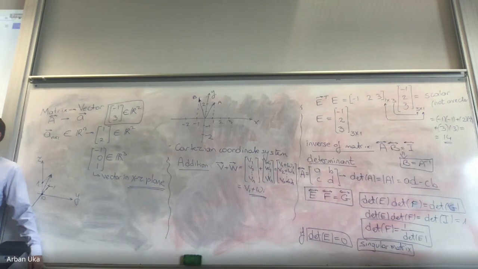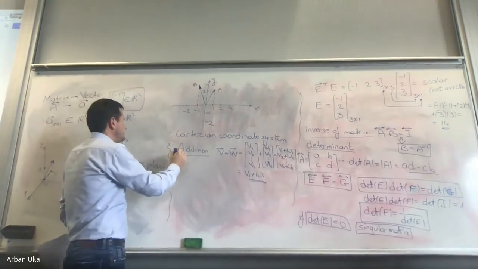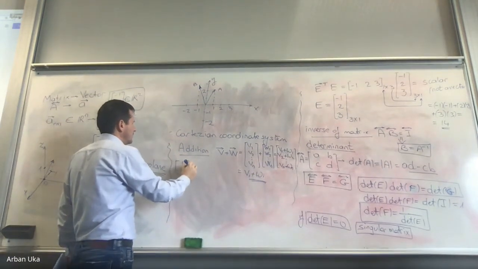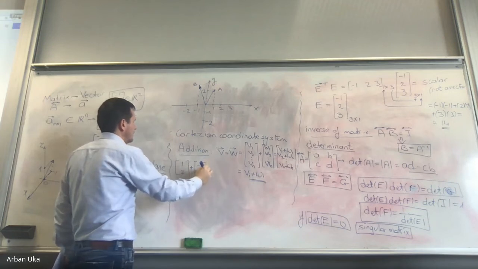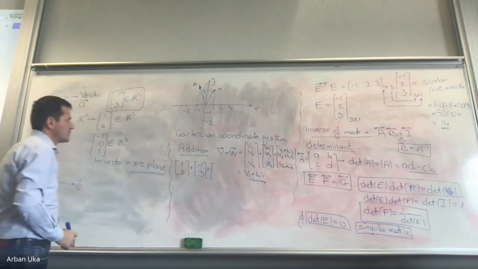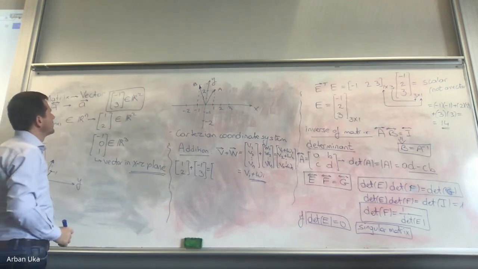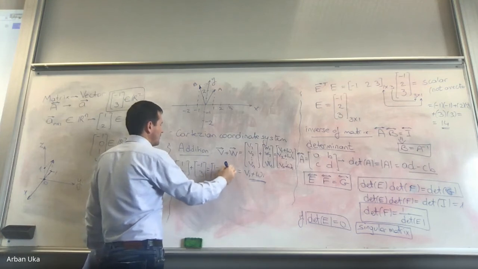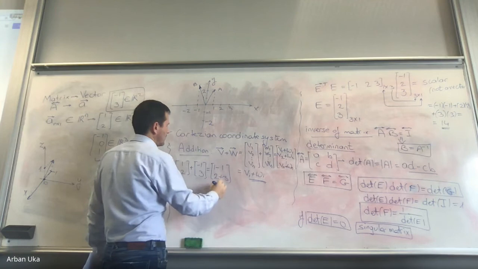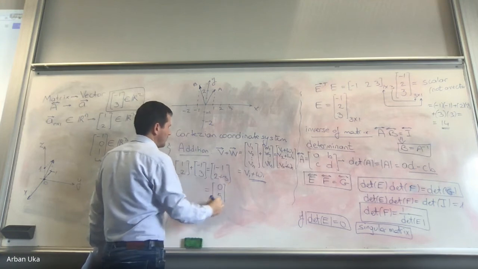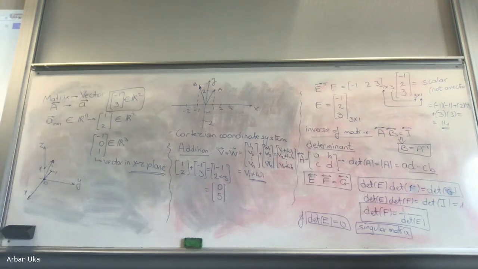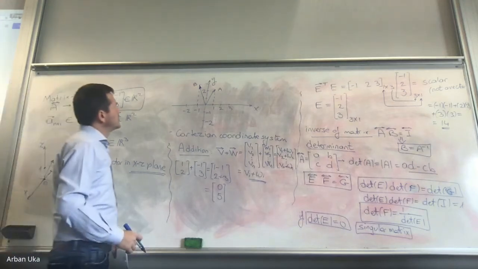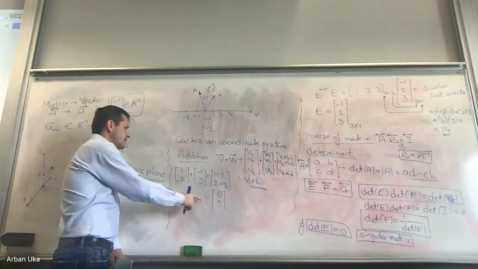For example, these two vectors that are written here on the board, let's say that we want to add (1, 2) with the other vector, which is (-1, 3). Is it correct? Yes, (1, 2) and (-1, 3). At this stage, we can also represent this addition.